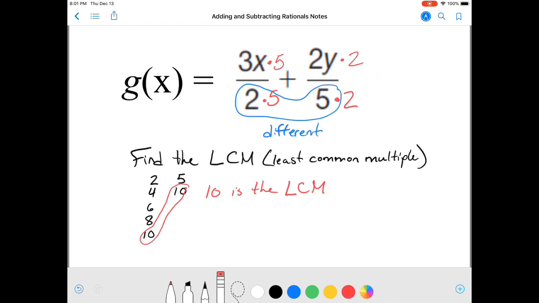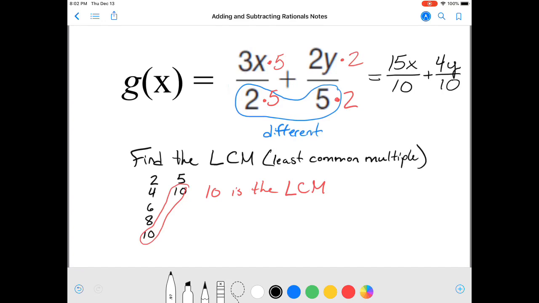So from there, we're going to get 3x times 5 is 15x. And 2 times 5 is 10. And that'll be plus 2y times 2, which is 4y, over 5 times 2, which is 10.